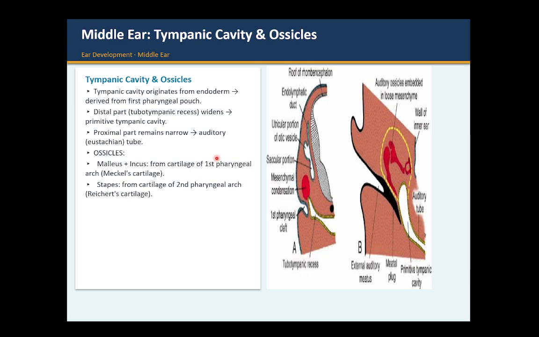Now the clefts: because the second arch is going to overgrow and cover the third and the fourth arch, that's why you see your neck is all smooth on the outer side. There is no hole except one. So the first cleft remains, between the first and the second arch, because the second arch is overgrowing the third and fourth.